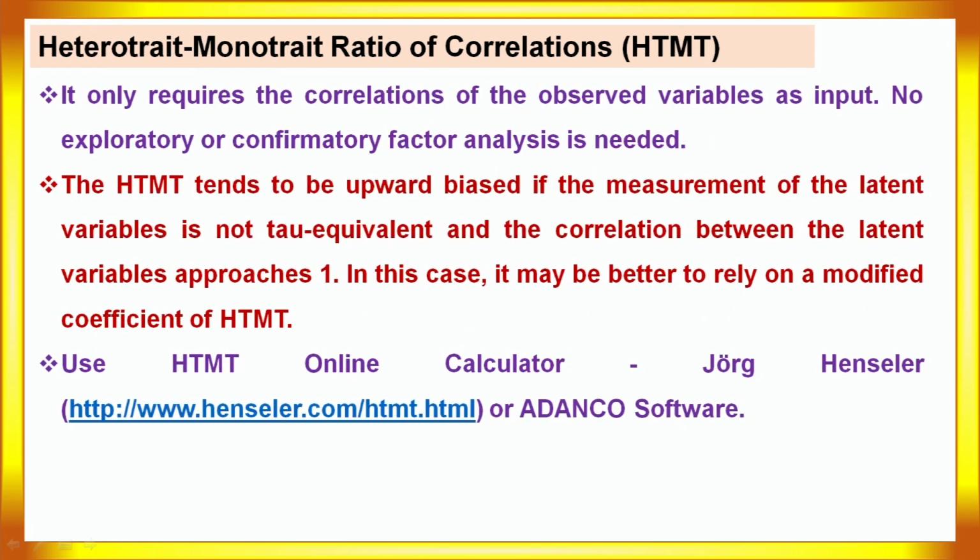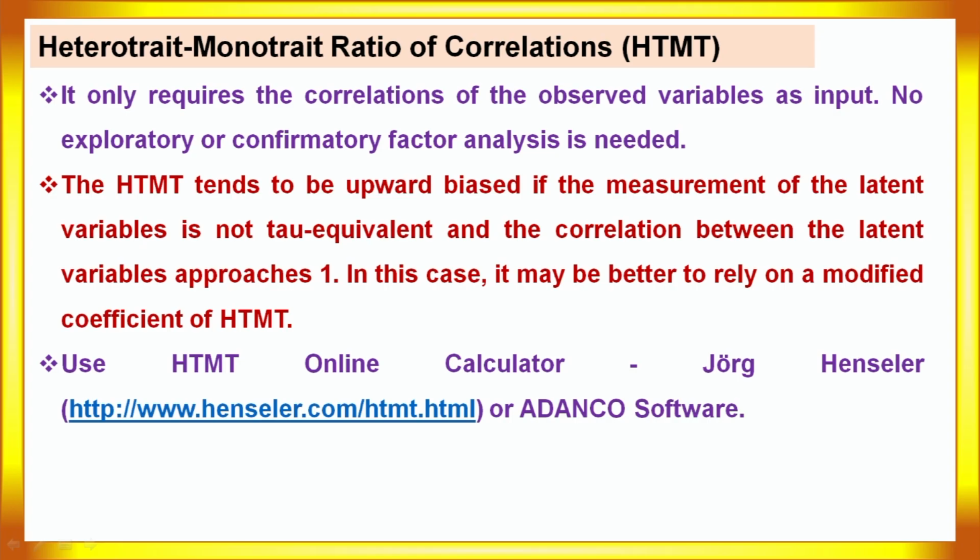Again, repeating, this HTMT method of convergent and discriminant validity requires only the correlation of the observed variables as the input. No confirmatory or exploratory factor analysis is used, but those are the best methods, the most accurate methods for calculating convergent or divergent validity.